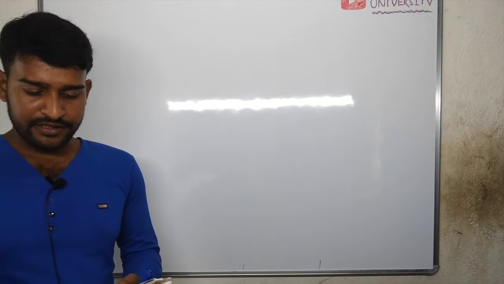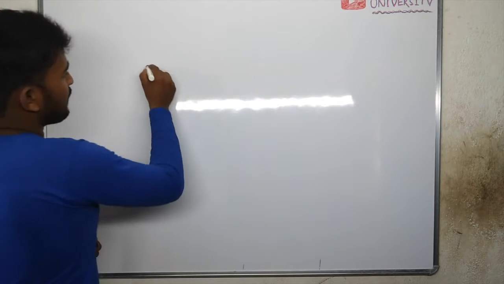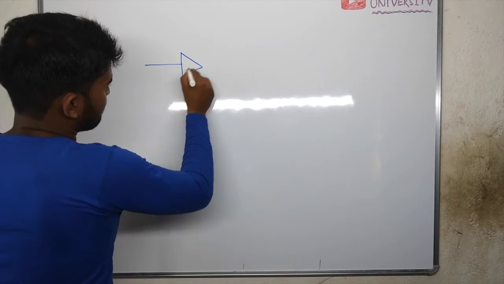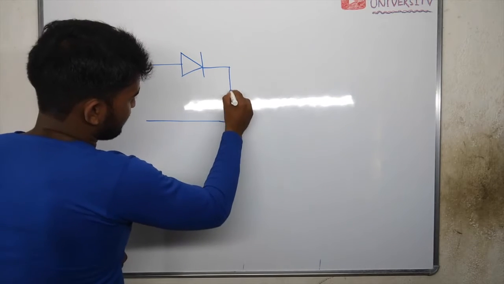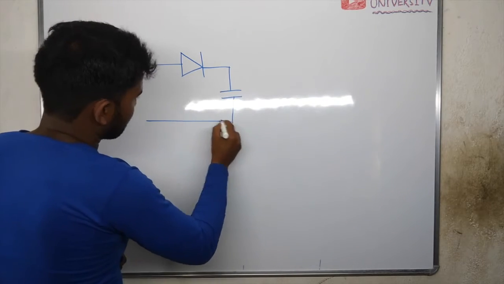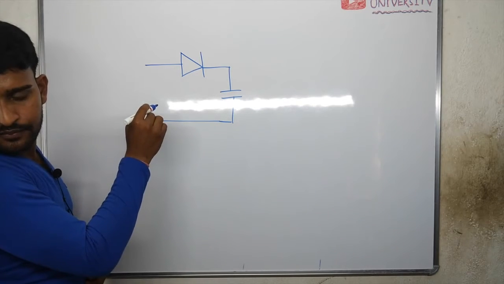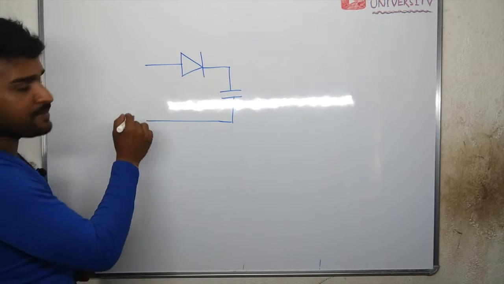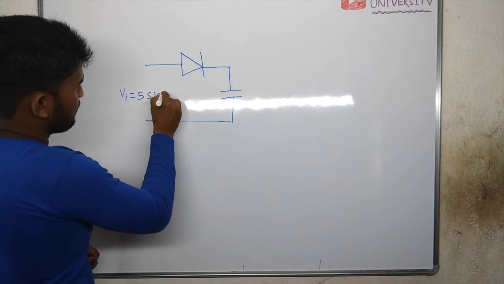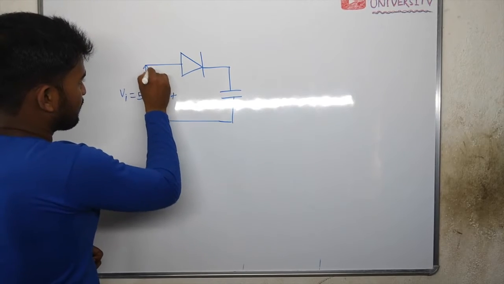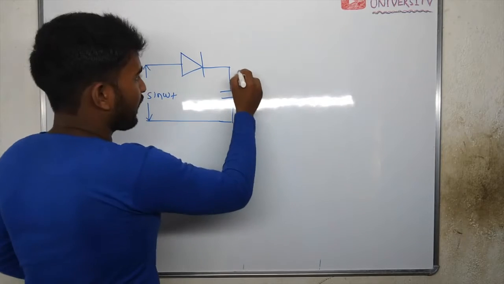Some circuit is given and asked to find what V naught is. The circuit is given like this. Some capacitor is connected, and the input VA is 5 sin omega t. And it is asked, what is this V naught?